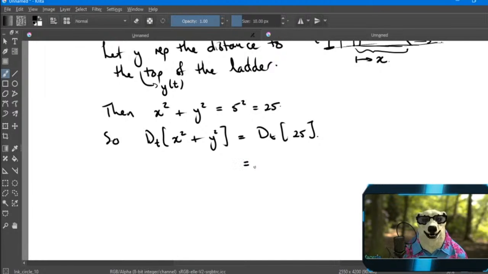Now let's do the right hand side because it's super easy. If 25 is constant, derivative of a constant is 0. Left hand side, I'll split it up to show that we are using the sum property. Nothing strange is happening here really. Our derivative properties are still what we are using.